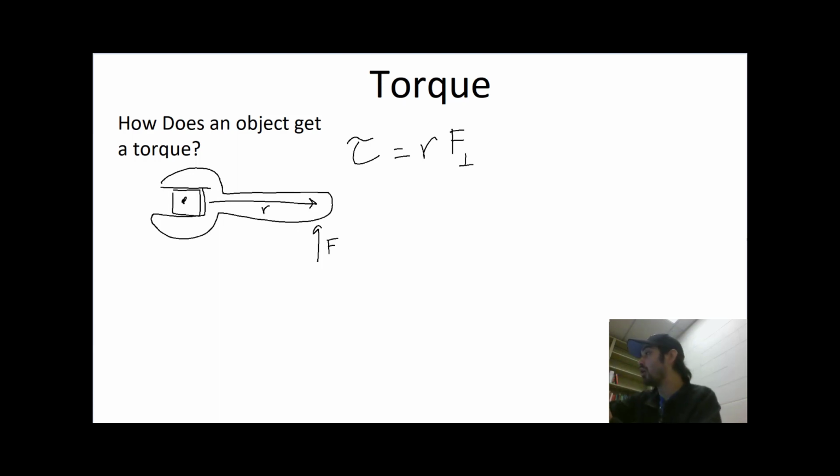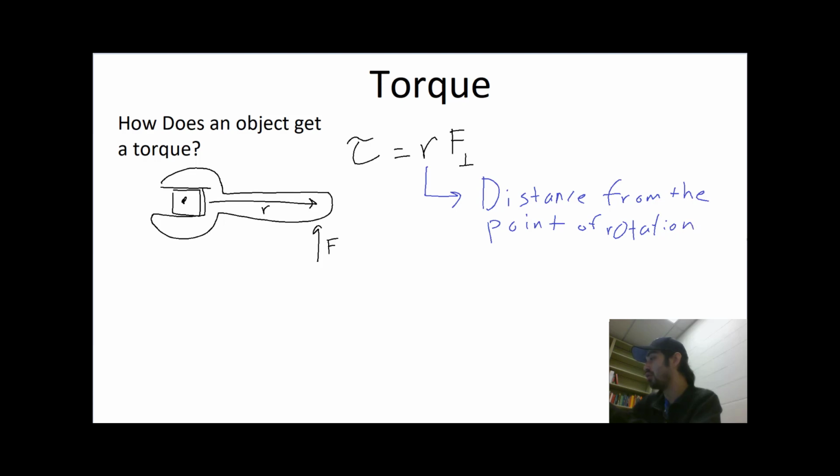Okay? So because of that, these two variables, R and F perpendicular, have very important meanings. So R, this is the distance from the point of rotation to the force being applied.